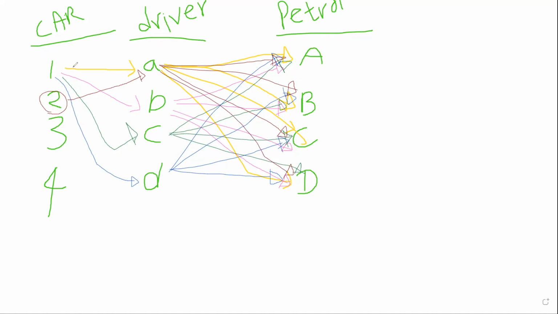For one car type, we have 4 drivers. When we take the multiplication, we have 4 observations.